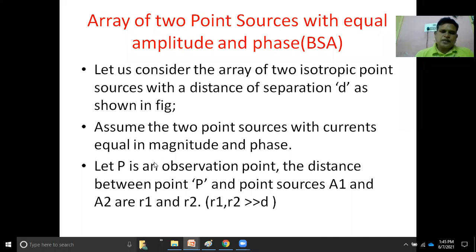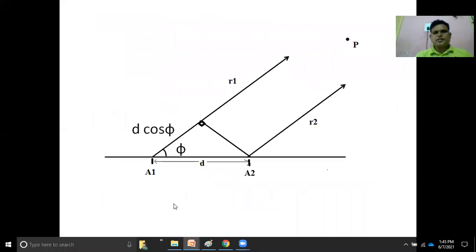Let us assume we have an observation point P. At A1 we have one isotropic antenna and at A2 we have another isotropic antenna.